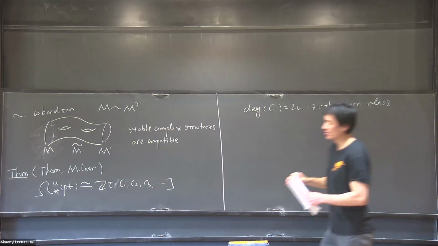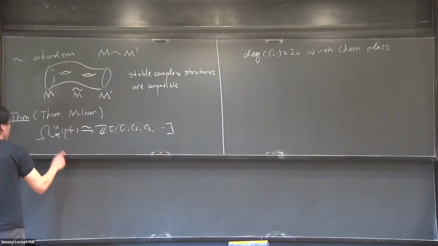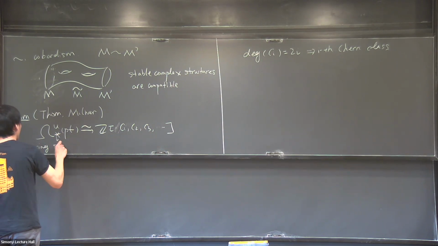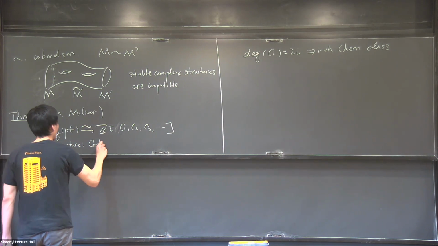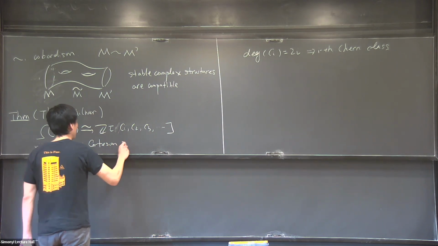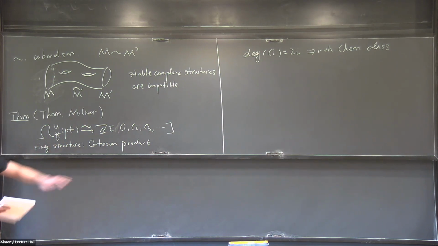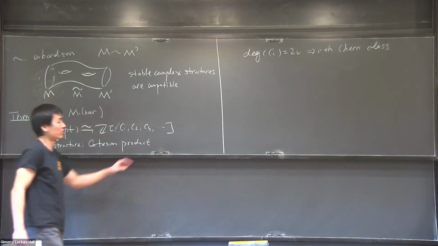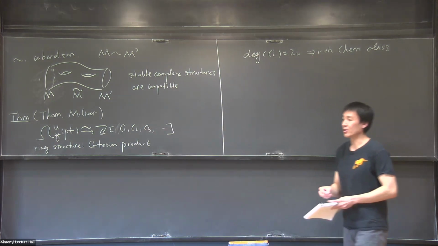I forgot to say that over here there is a ring structure coming from the product. And here is a polynomial ring generated by countably many variables. And this isomorphism is compatible with the ring structure.